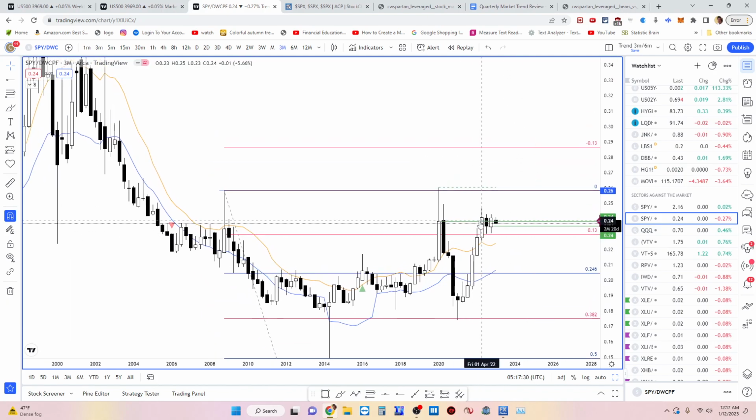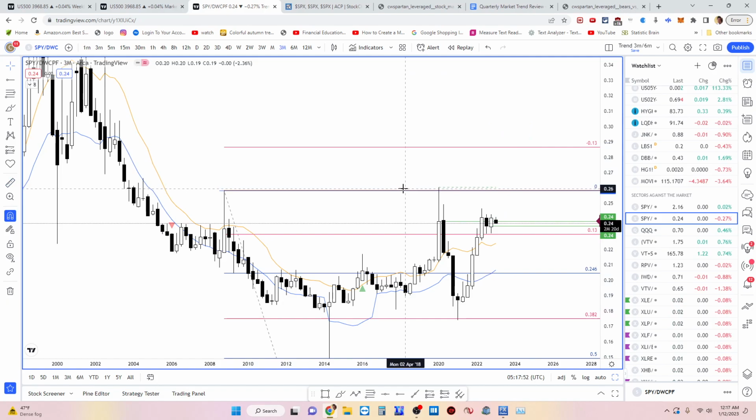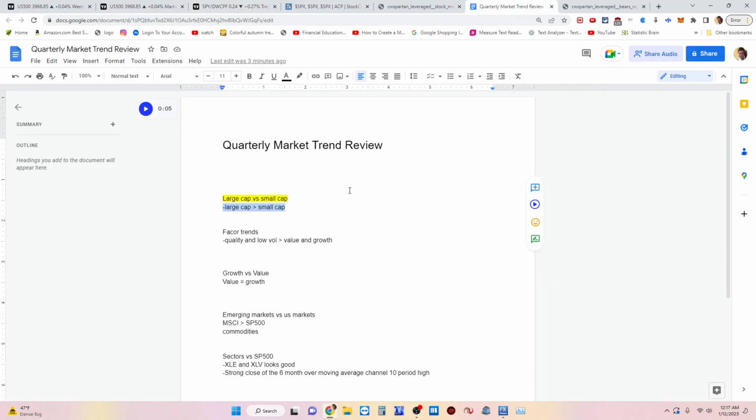But this quarterly candle here broke out above resistance due to this candle close on the up bar, and it retested, and it's basically consolidating here, and it's holding on the previous quarter's support, and it looks like it's going to want to come into the fake out zone, which is roughly probably 20%. So we do have more upside for large cap, but it's basically saying large cap is trending over small cap. So that will continue until that 20% is filled.